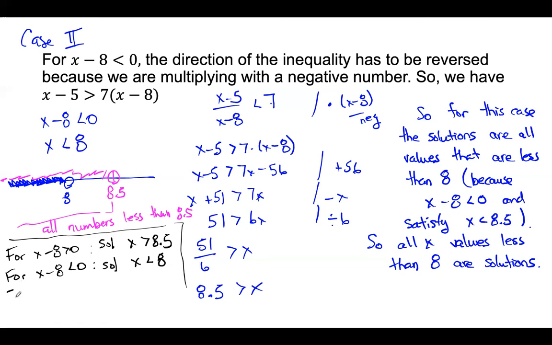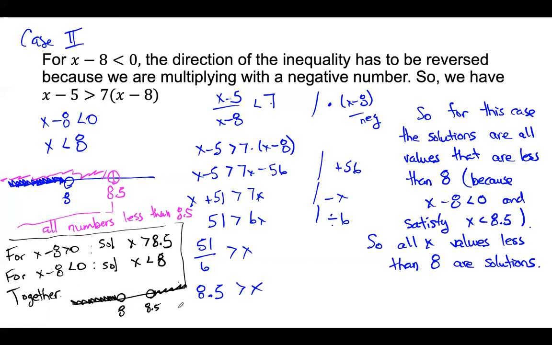So together, we combine everything. We draw a picture. It helps us. So the solution is when x is greater than 8.5. So this is 8.5, and it goes on. And for x minus 8 being less than 0, we have a solution of x being less than 8. So it's all the way over here.